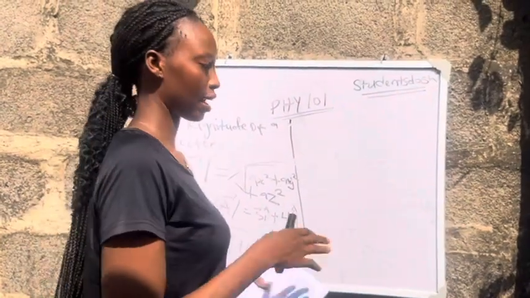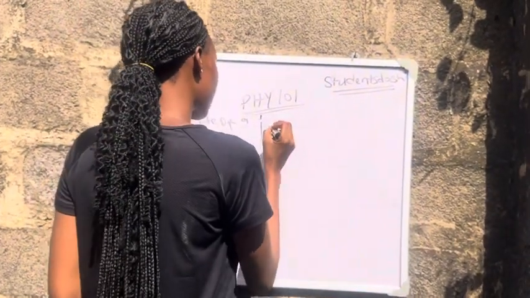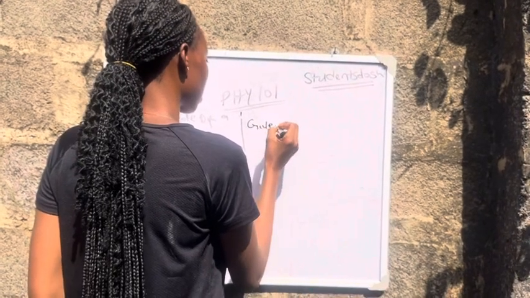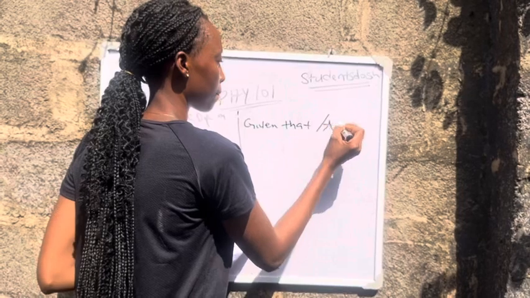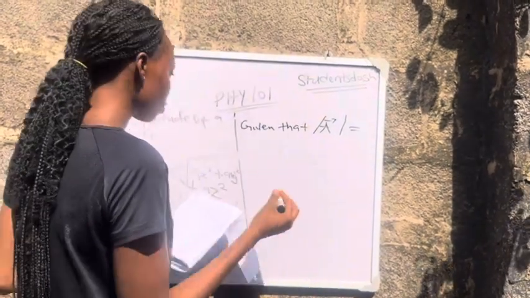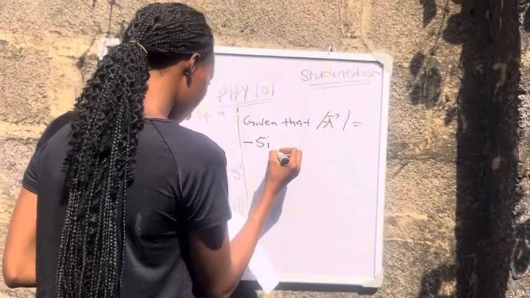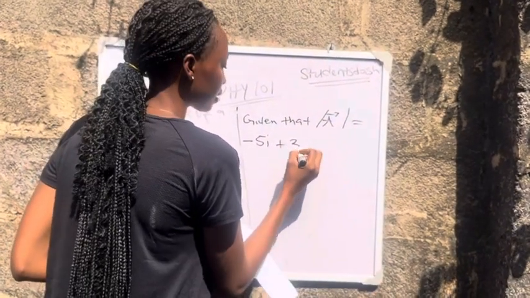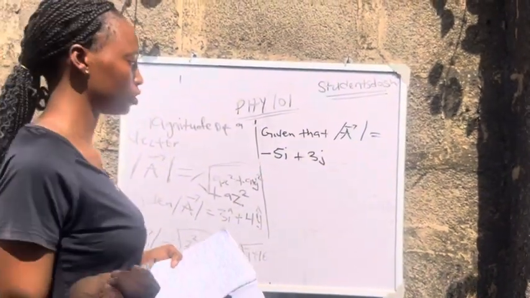Let's look at another example so that you understand it better. Given that the vector is equal to minus 5i plus 3j. This is the question.